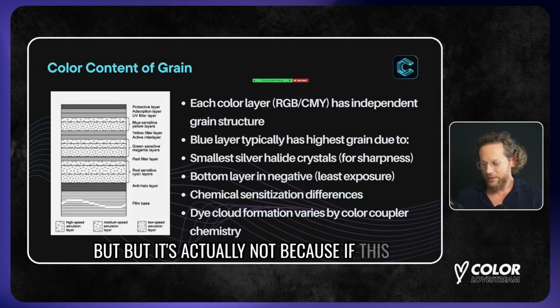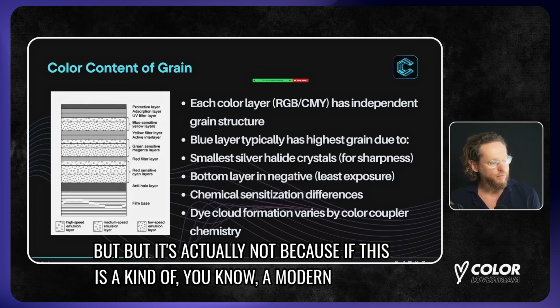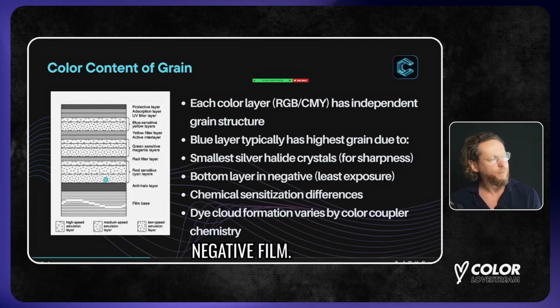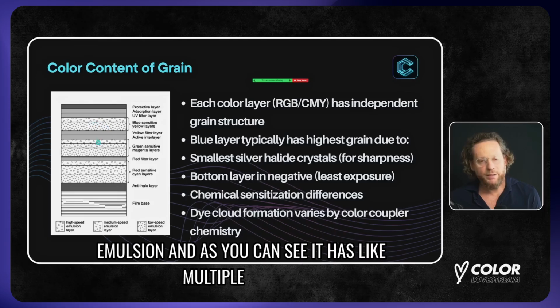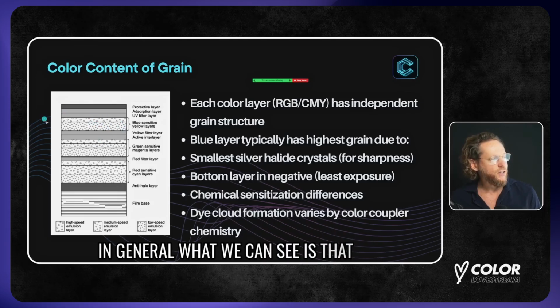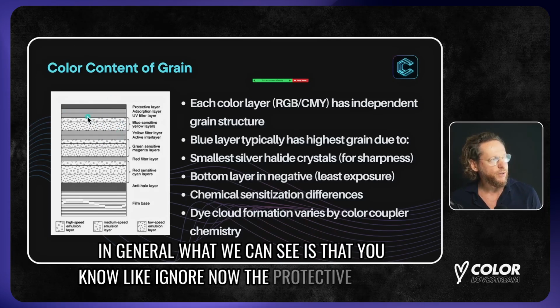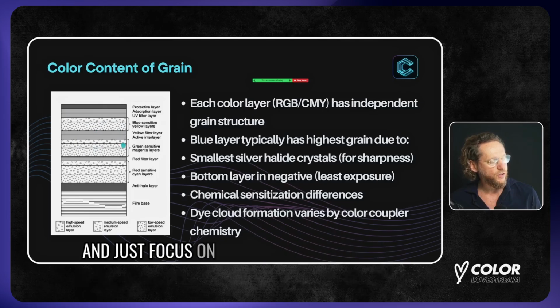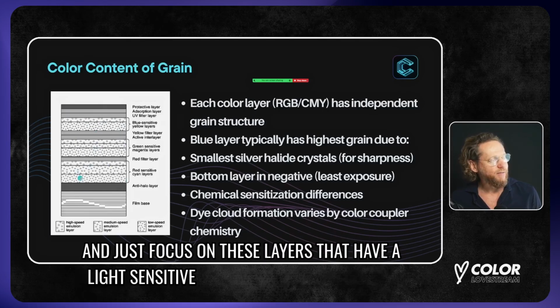Because if this is a modern negative film emulsion, as you can see, it has multiple layers. Ignore the protective layers now and just focus on the layers that have light sensitive matter.